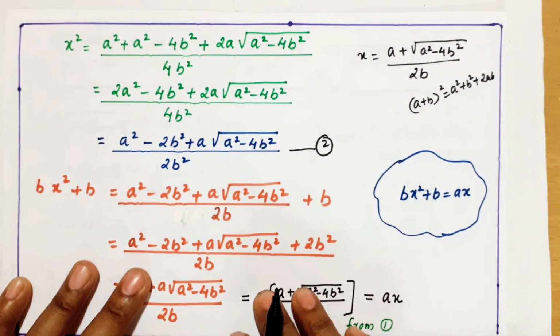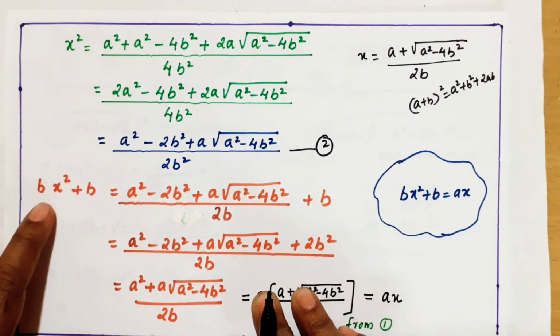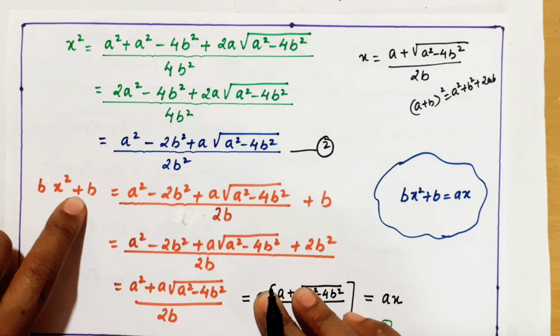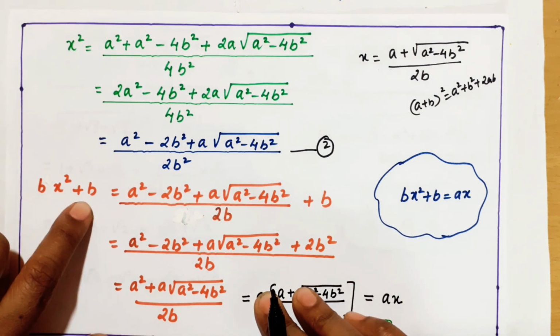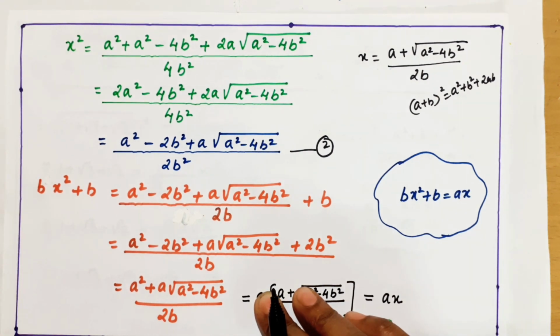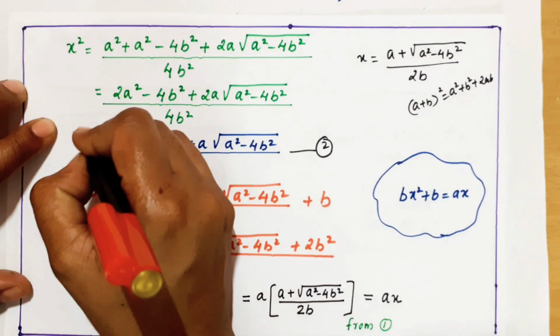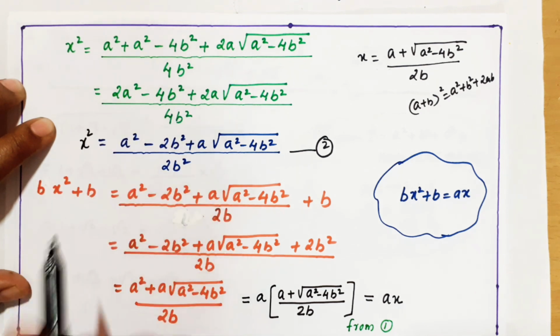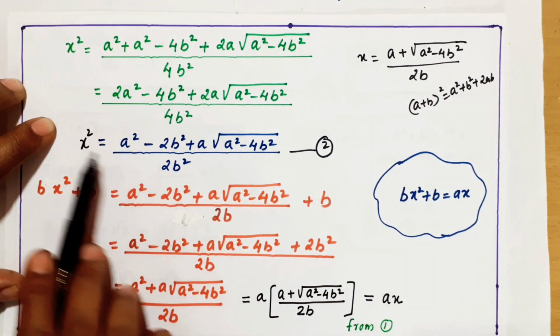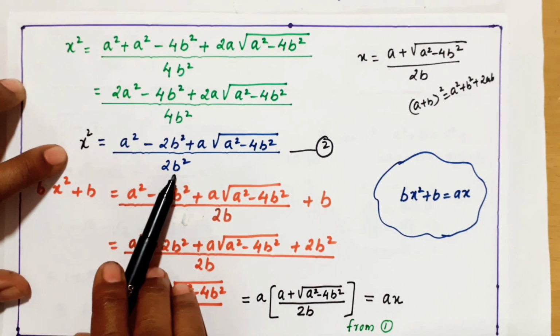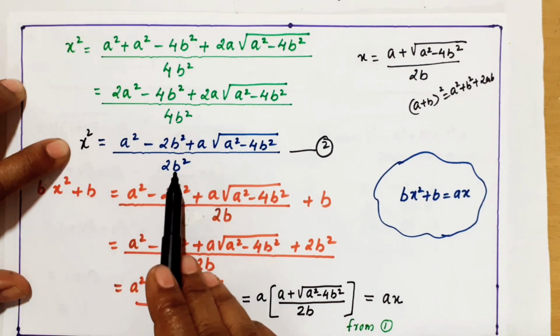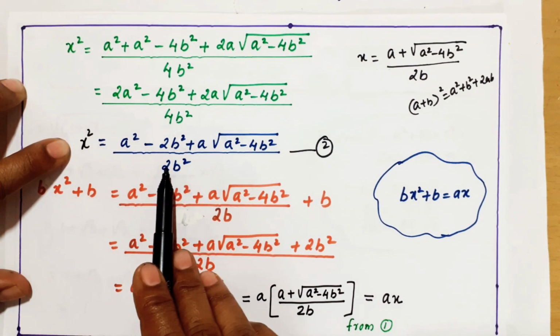Now you see the question. In my question, I need bx square plus b. So we have x square here, right? I am taking 1b from the denominator to the top. So what will happen here? Bx square will come, so in the denominator only 1b will be there, right?